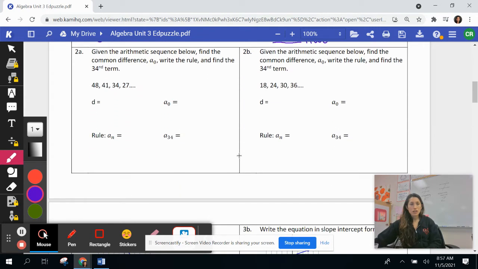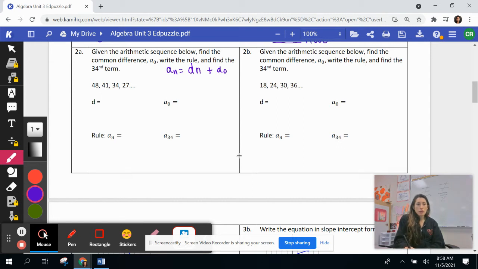Okay. Question 2, we're looking at an arithmetic sequence. Remember, in an arithmetic sequence, a sub n equals our common difference times n, which is the term number, plus our a sub 0. It's kind of similar to y equals mx plus b. Okay.